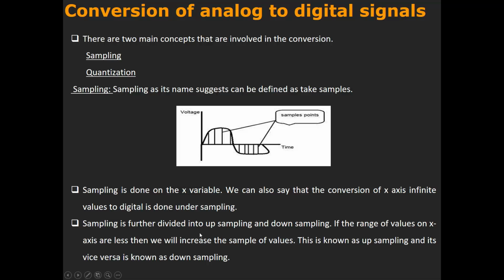Sampling is further divided into upsampling and downsampling. If the range of values on x-axis are less, then we will increase the samples of values. This is known as upsampling, and vice versa is known as downsampling. There is one theorem known as Nyquist theorem that defines how many samples are needed to reconstruct a signal that is a close approximation of the original signal.